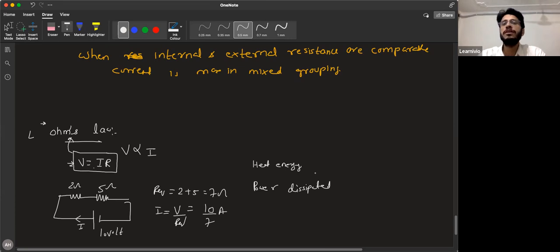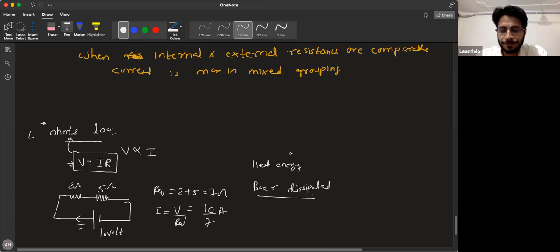Basically, the electrical energy gets dissipated in the form of heat. When the current passes through your cell or your bulb, they have certain resistance. Due to that resistance, a part of your electrical energy gets wasted as heat. That's the heat energy, which we call in circuit analysis power dissipated.